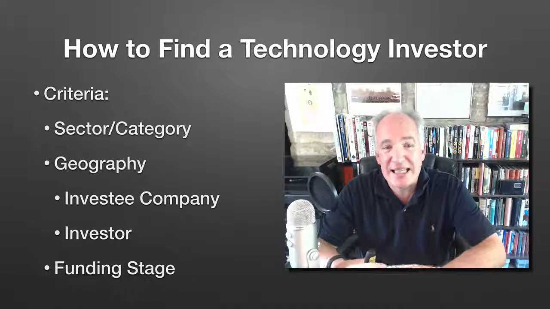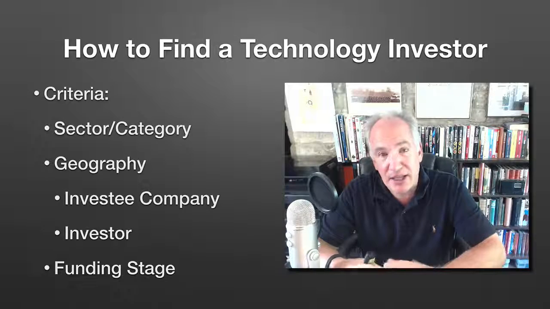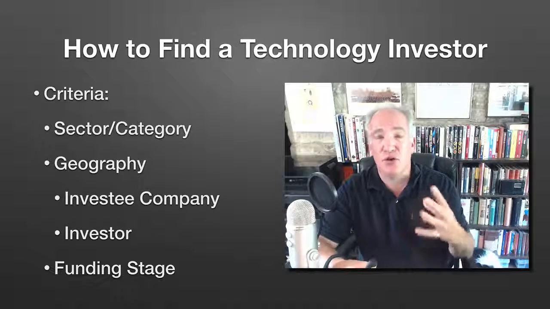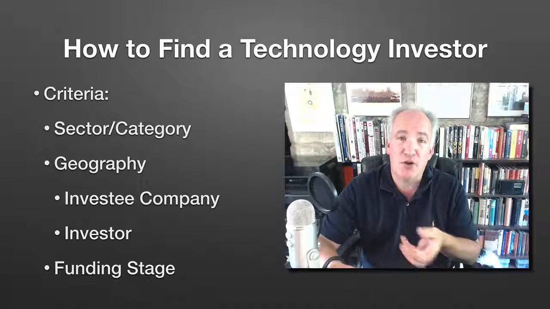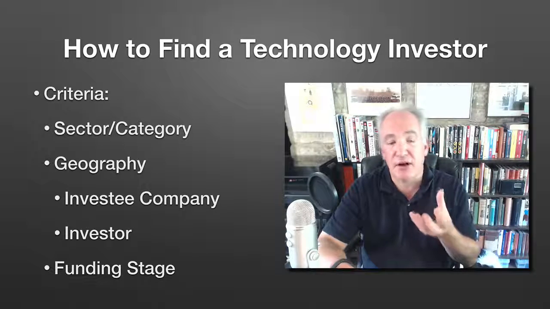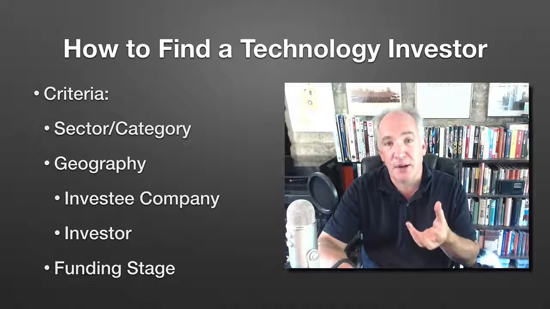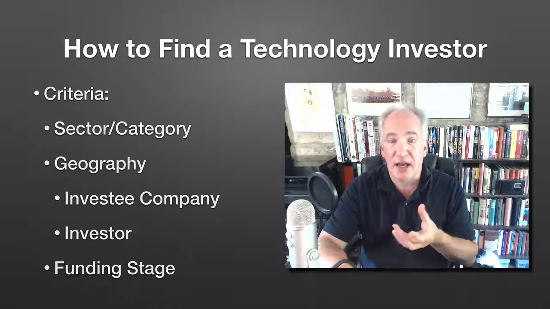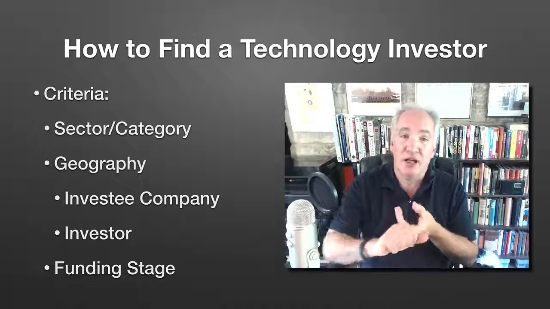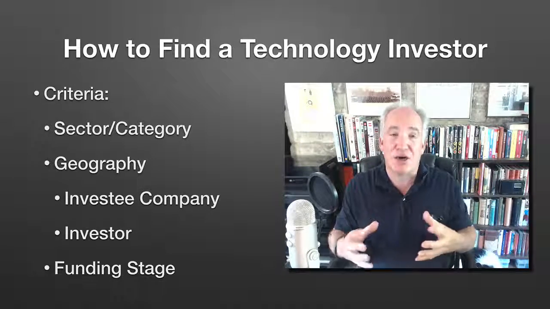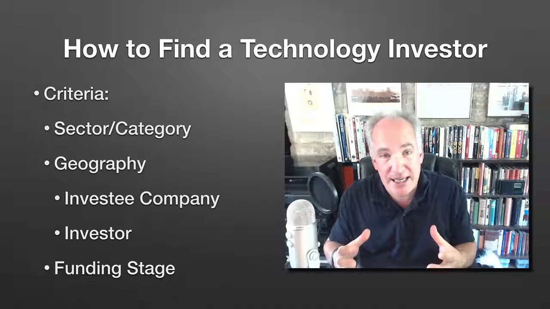So let us look at the criteria that is potentially involved. And actually, it's not very difficult because if you're a particular company, then there are really very few key criteria that you need in order to come up with your shortlist. The first of these is obviously the sector or the category that you operate in.